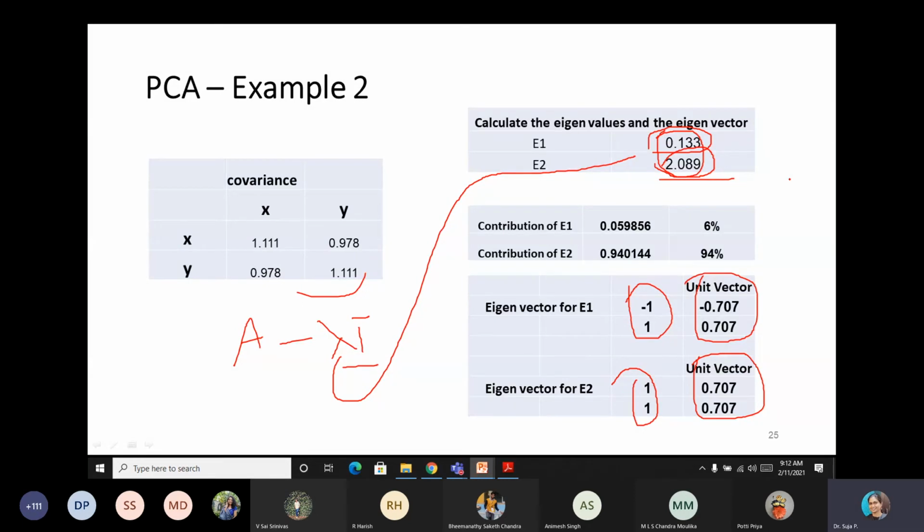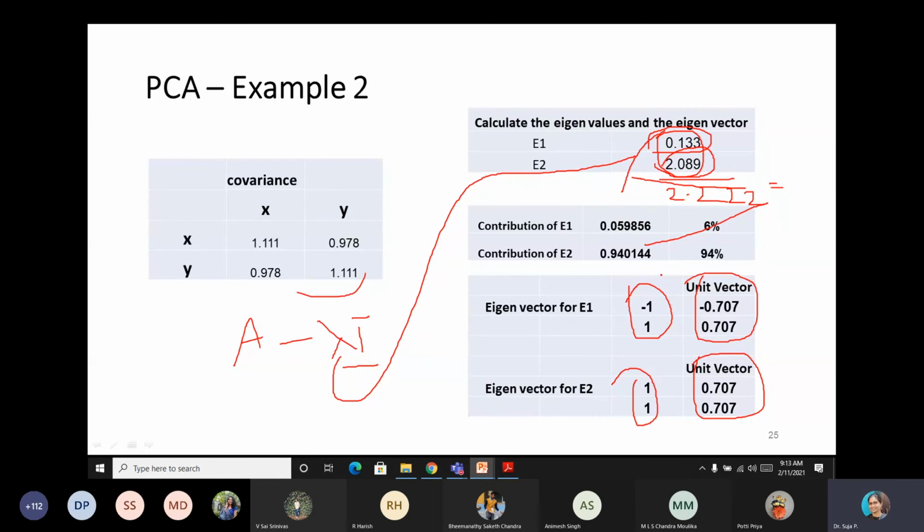So 2.089 divided by 2.222 gives 94%. Similarly, 0.133 divided by 2.222 will give 6%.